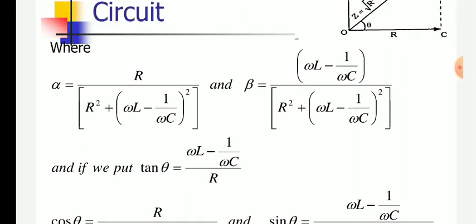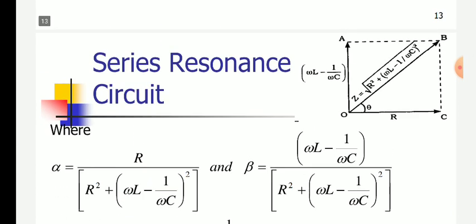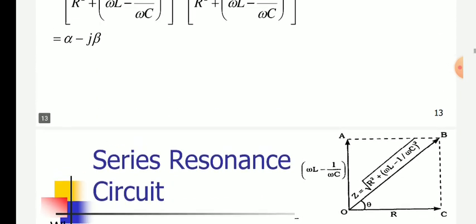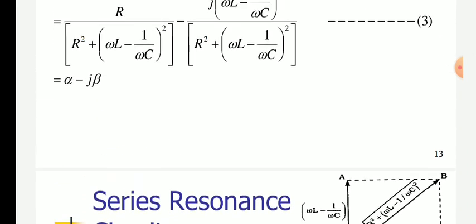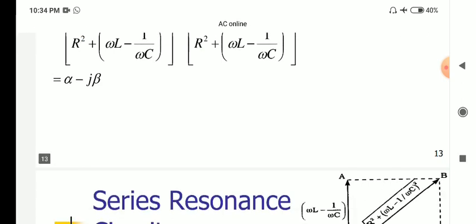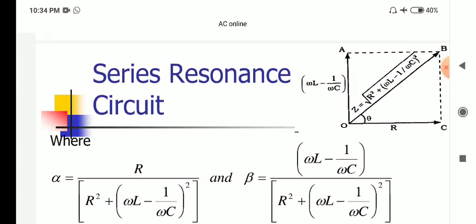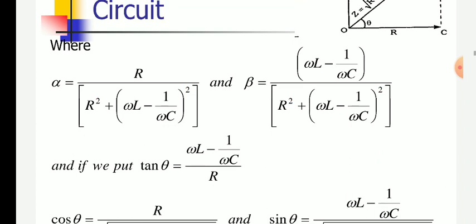So with this, if we put tan theta, along the x-axis you have to take R, and along the y-axis, because they are imaginary quantities, omega L minus 1 over omega C. That is shown in the figure, and the total impedance is given by the square root of R squared plus omega L minus 1 over omega C whole squared.